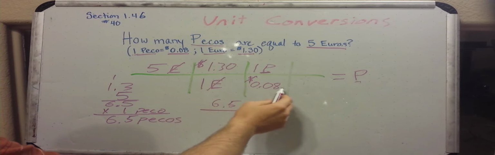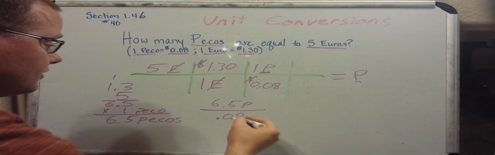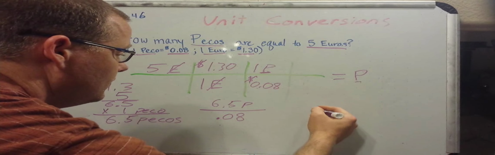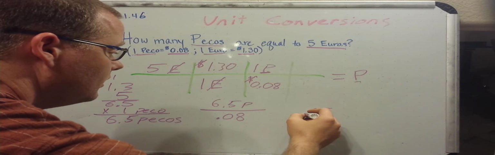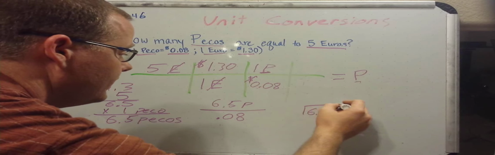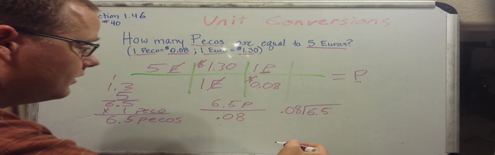or on the bottom of our equation, we have 0.08. So now we can solve this. We're going to have 6.5 divided by 0.08.